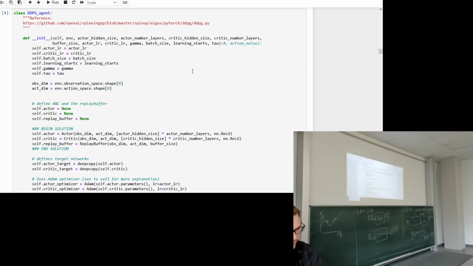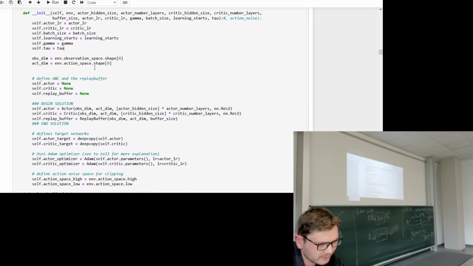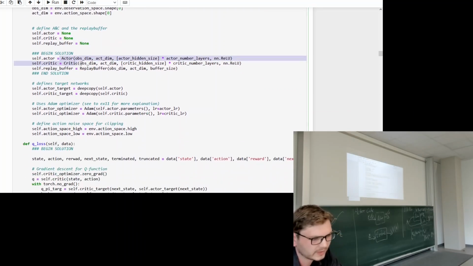So, and now we can define the actual DDPG agent by plugging it all together. Actor critic, batch size as a parameter. Not so interesting, I think. Here we need to make use of the functions that were defined above.